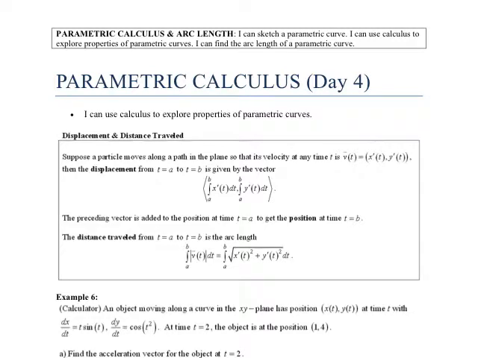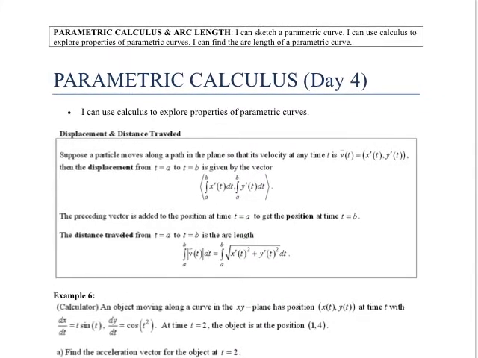So the displacement is going to be the integral of the velocity equation. This is no different than when we were not in parametric, but now we break it into the displacement in the x direction and the displacement in the y direction.